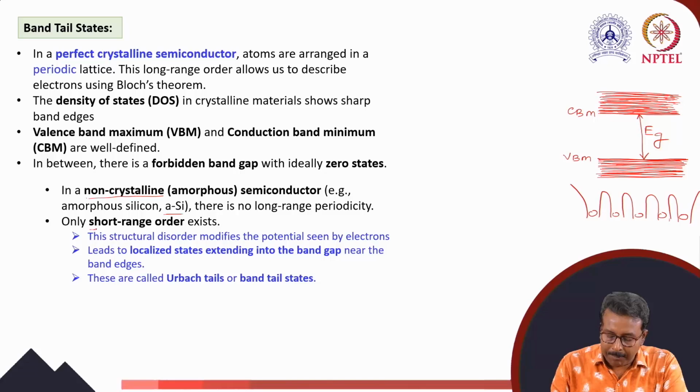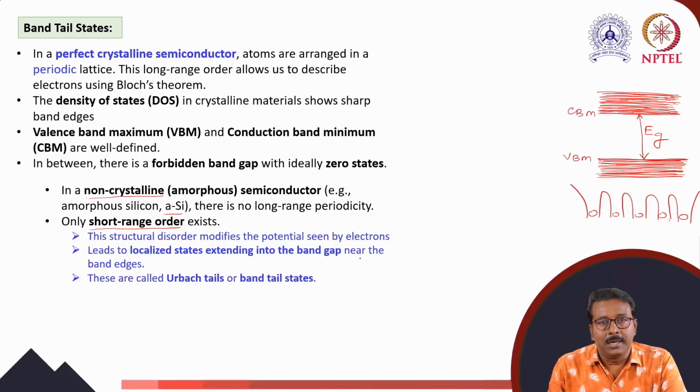And in amorphous material, there is a short range order. Short range order means in amorphous silicon, say, there are some grain boundaries.